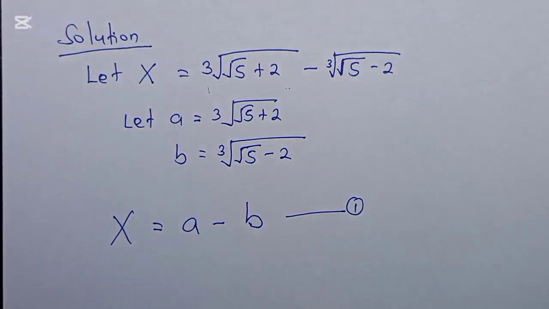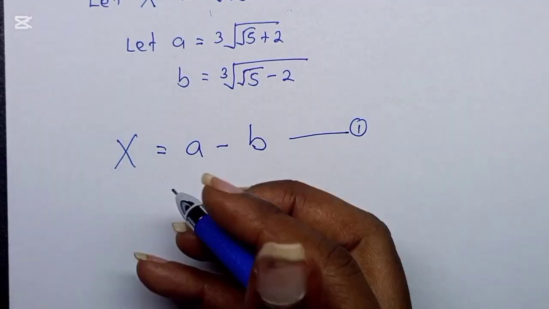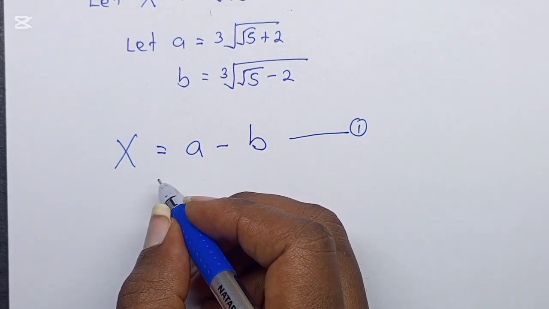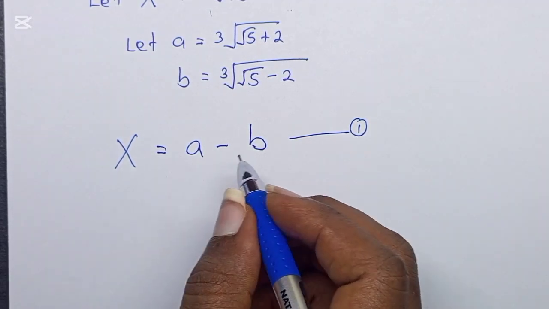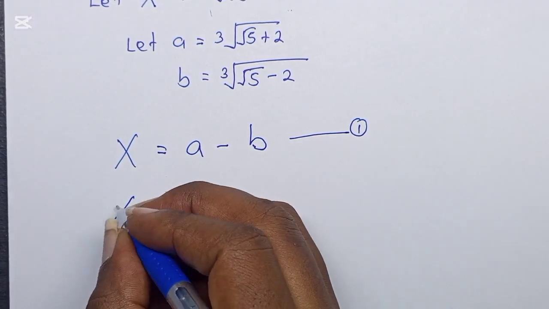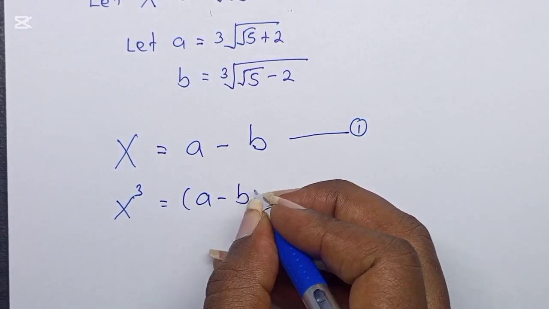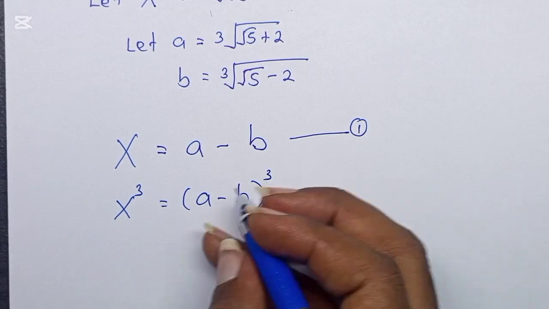Now let's cube both sides. Let's put a power 3 on both sides. So we shall have x to power 3 is equal to (a minus b) to power 3.